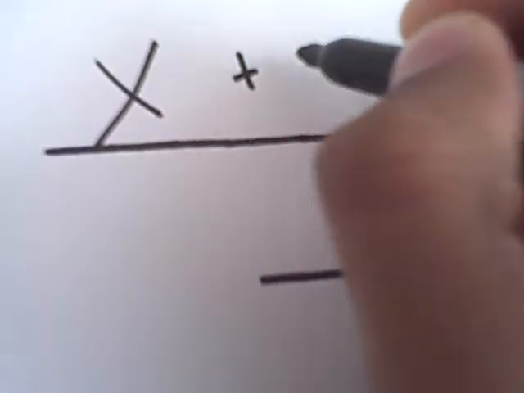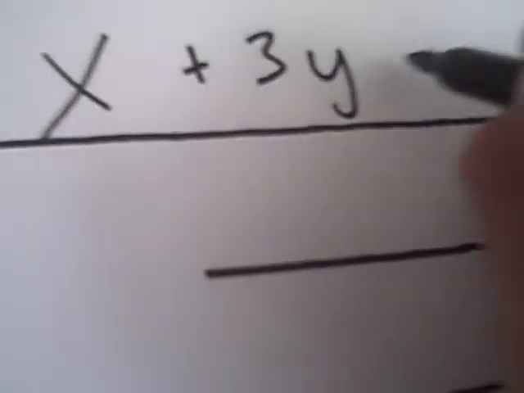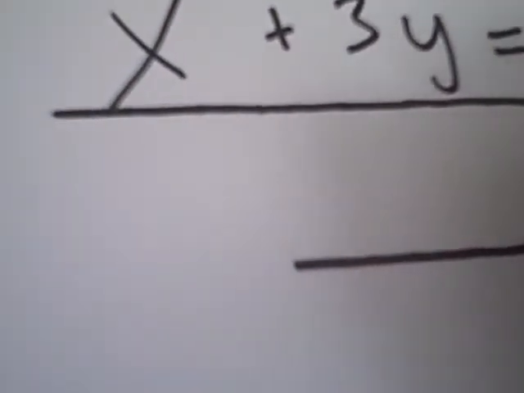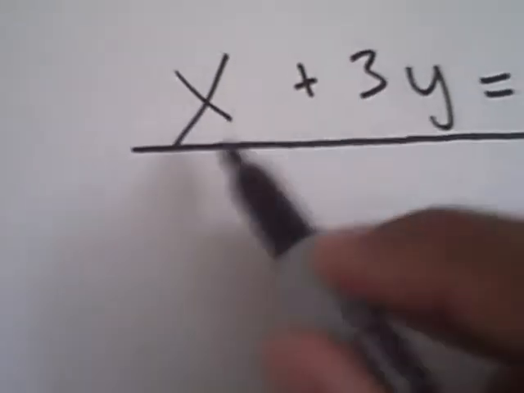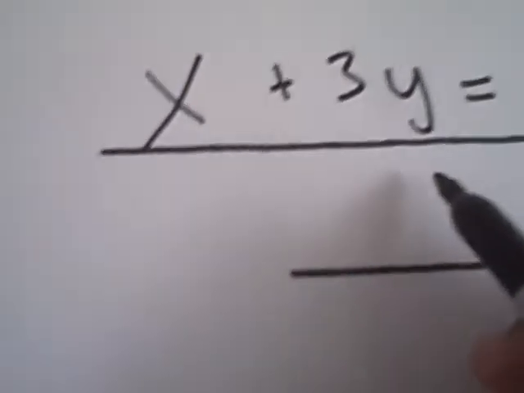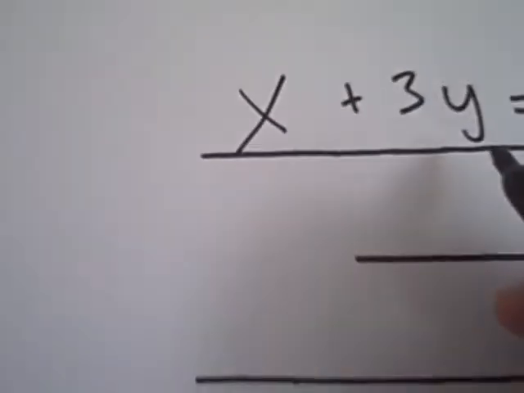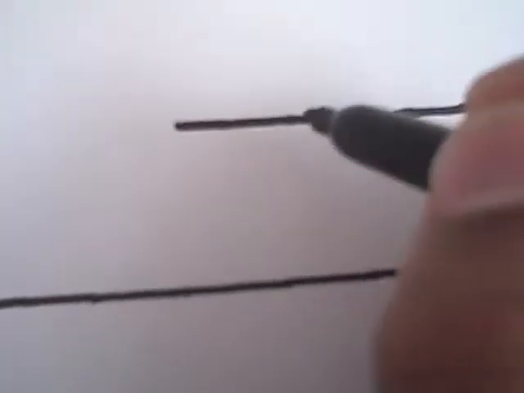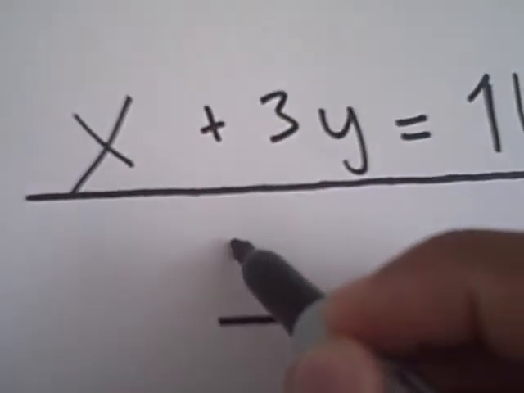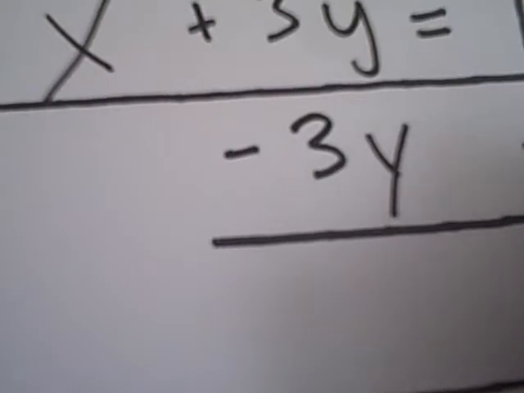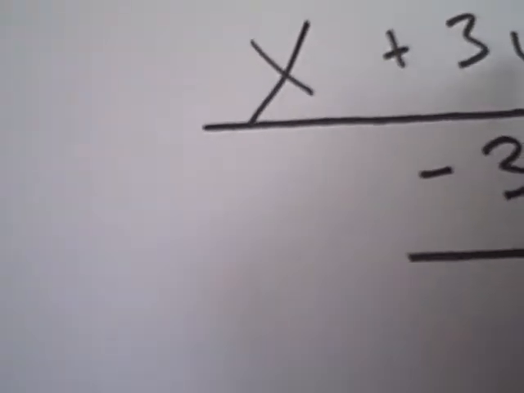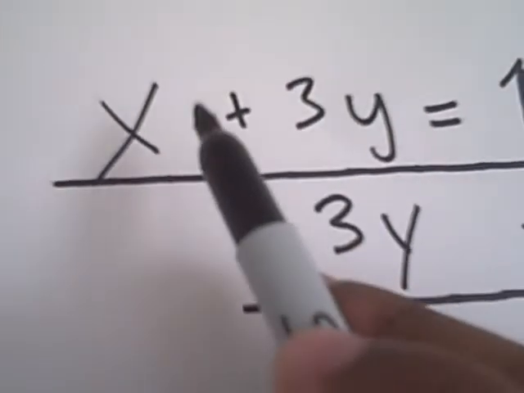So we take this equation, which is x plus 3y equals 16, and we have to solve for x now. We already solved for y. It equals 6. First we are going to subtract 3y from each side of the equal sign to get one variable on one side.